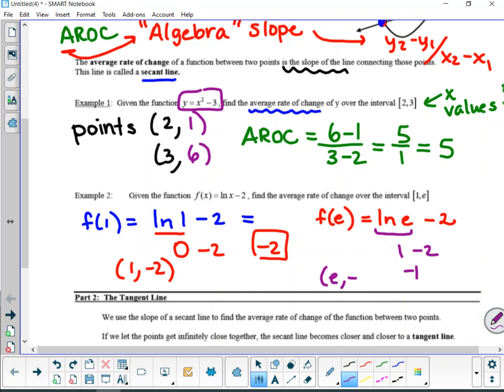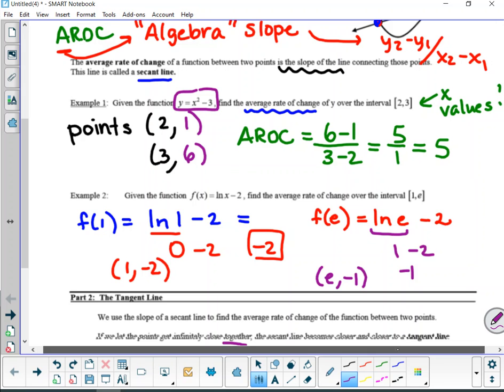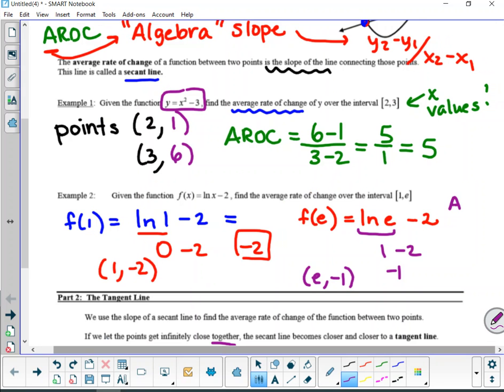So my point would be (e, negative 1). So my average rate of change is negative 1 minus negative 2 over e minus 1, so 1 over e minus 1.